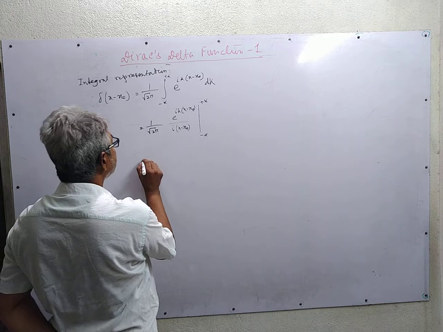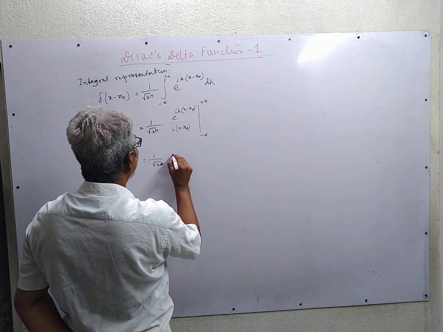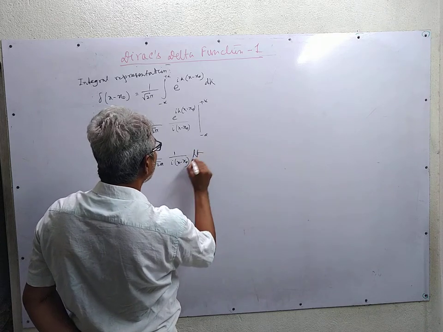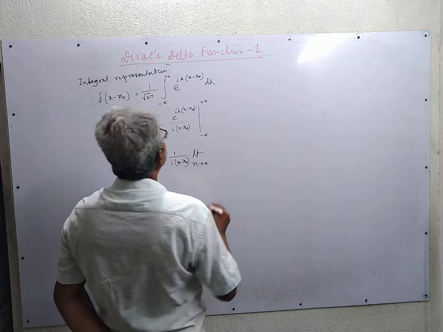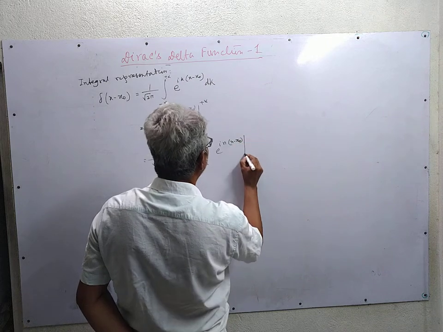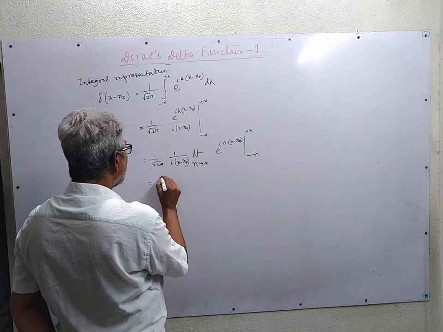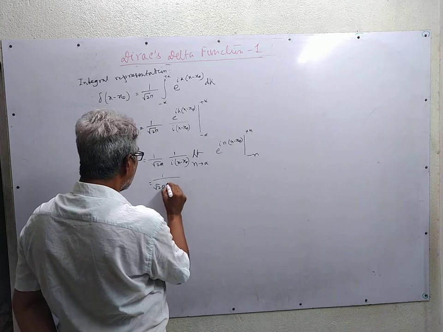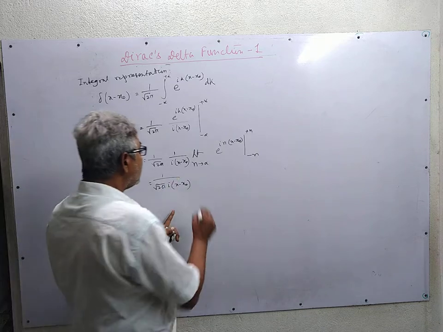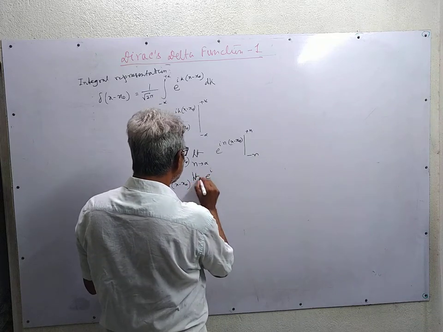We do it in this way: 1 upon root 2 pi, 1 upon i (x minus x0), with the limit n tends to infinity, e to the power i n (x minus x0) from minus n to plus n.